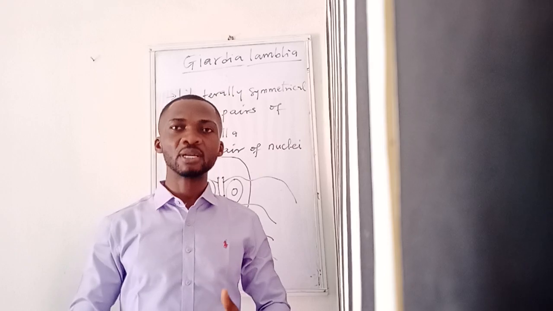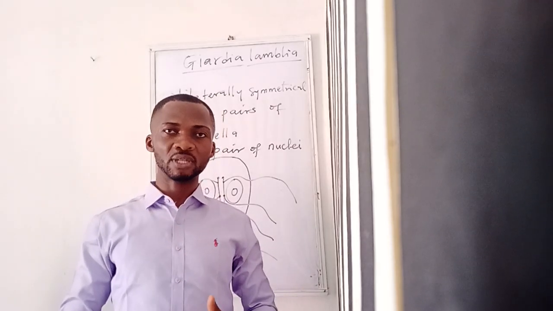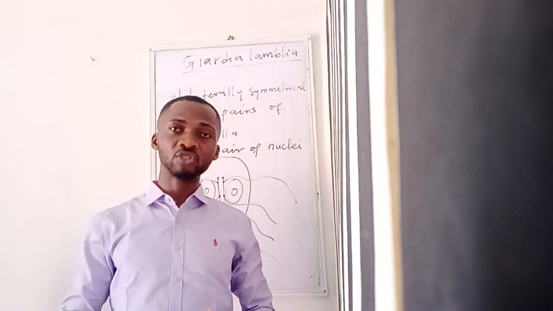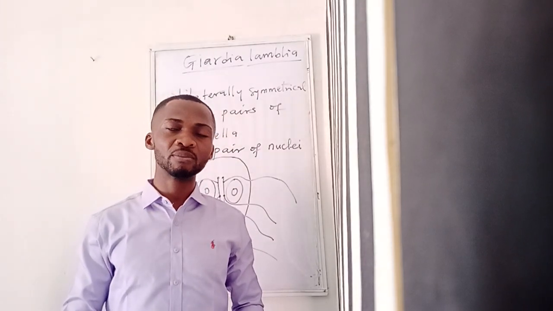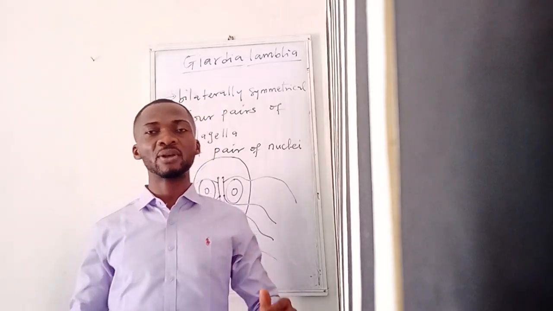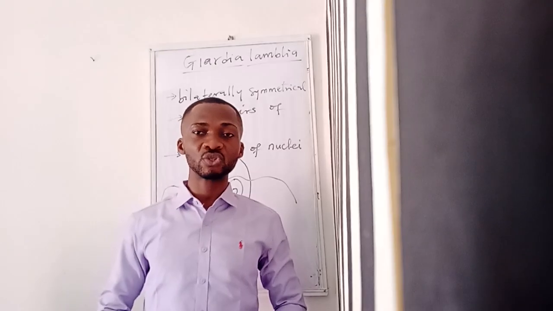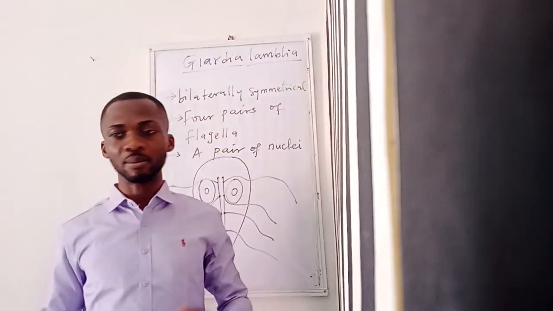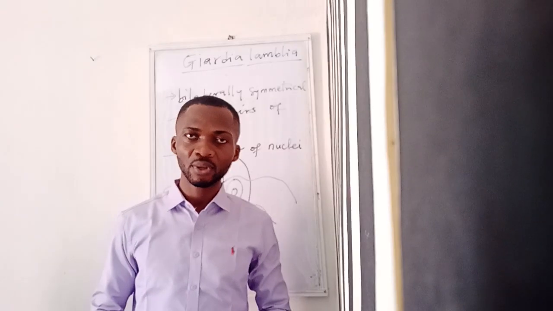I've talked about Entamoeba histolytica, Trichomonas vaginalis, Trypanosoma, Plasmodium falciparum or SP, then Balantidium coli. So the only parasite that we have not studied is Giardia lamblia, and that is what we want to do in today's class.